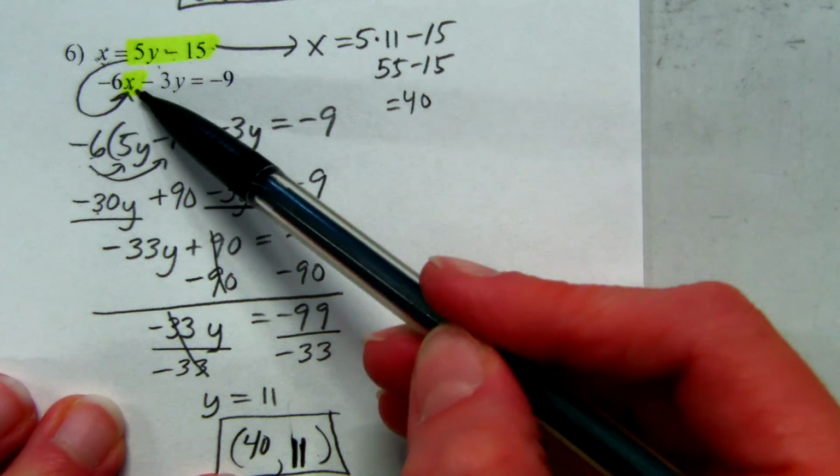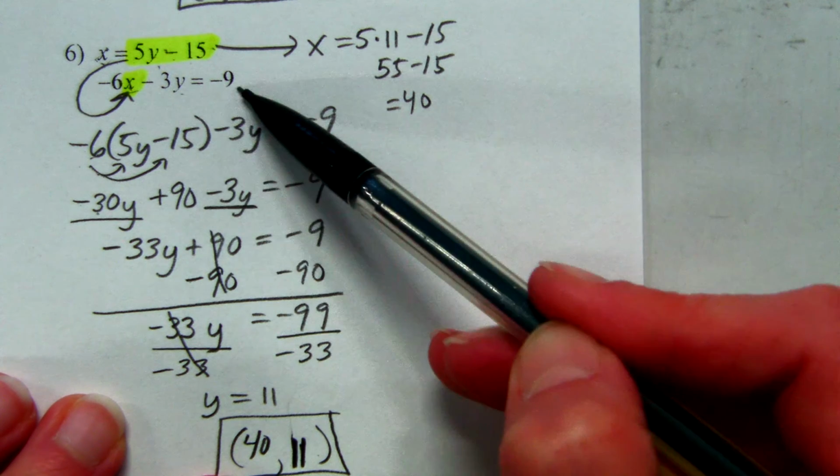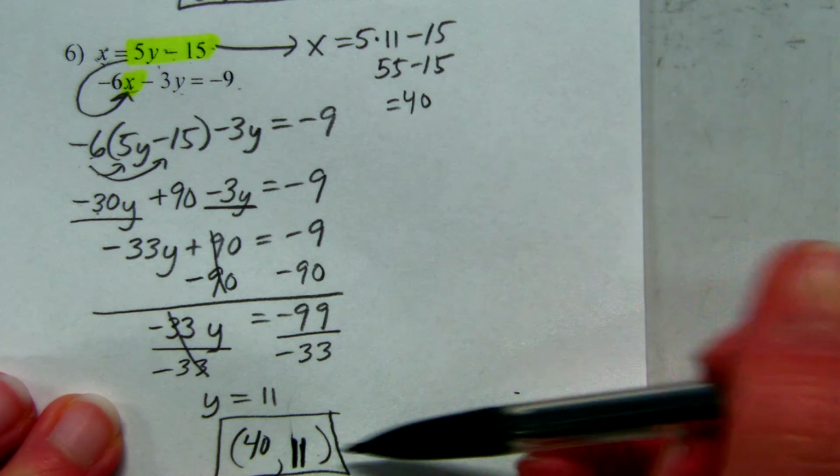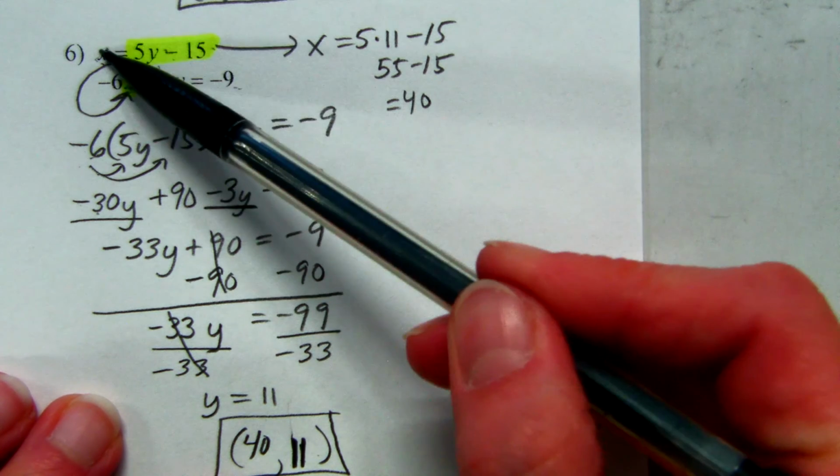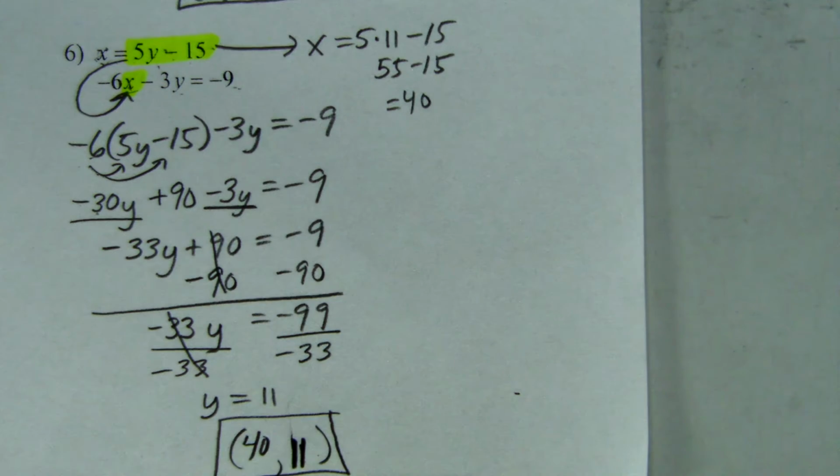If I put 40 here and 11 here, I should get -9. This solution has to work in both equations. So you can substitute this in for x and y, make sure that the equations work, and always know that your answer is correct. And if you're confused about what I'm talking about, look at the last set of notes. We talked about how to check solutions to systems of equations. That should help you out.